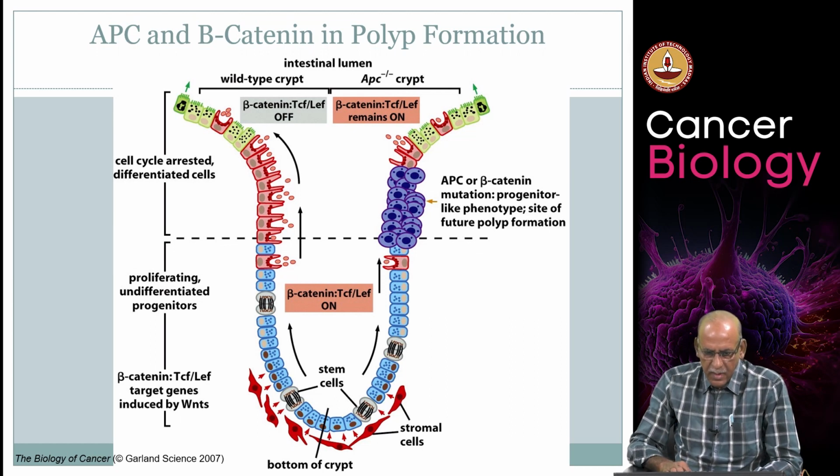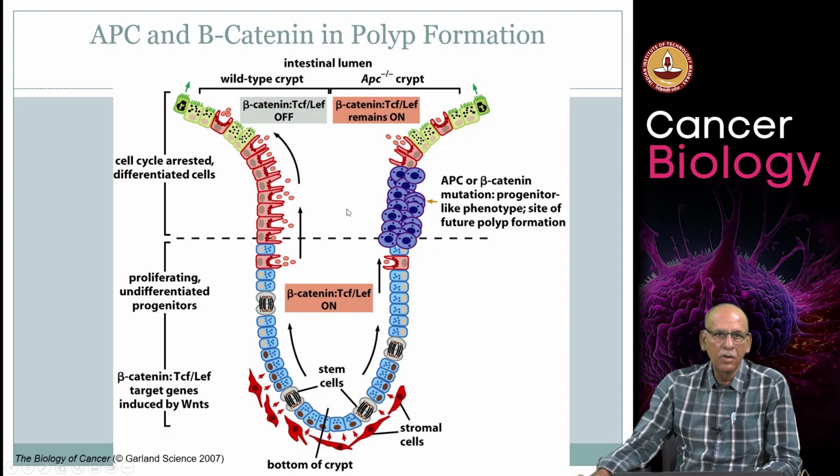Now, this APC mutation or beta catenin mutation is very common in colon cancers, as I told you. So, what happens is many of the cells get arrested, and then slowly they become undifferentiated progenitors. So, these changes are necessary.